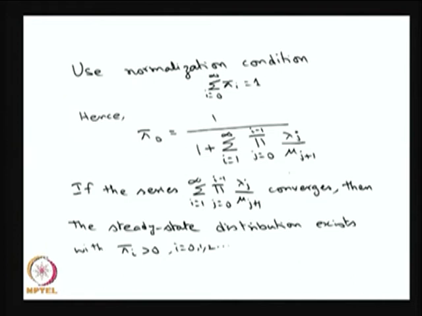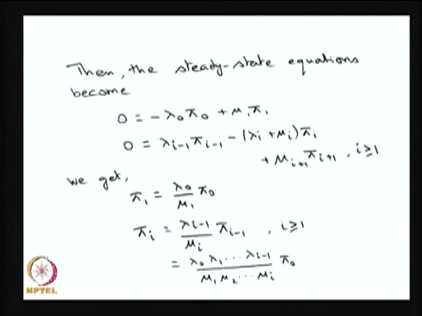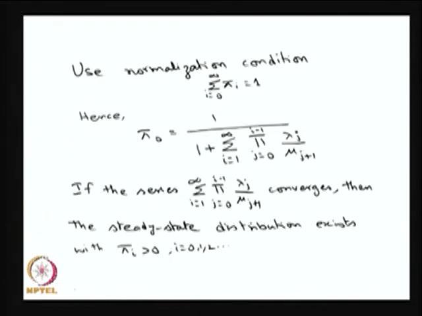Since we need steady state probabilities and all the pi i's are in terms of pi naught, as long as the denominator converges, you will have pi 0 greater than 0. Once pi 0 is greater than 0, then we will get all the pi i's with the summation of pi i equal to 1.